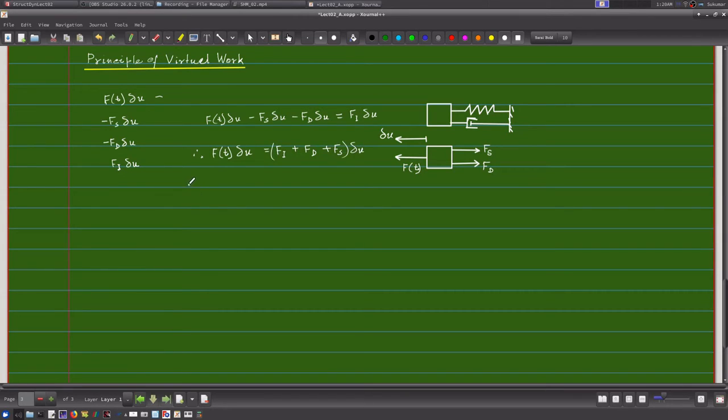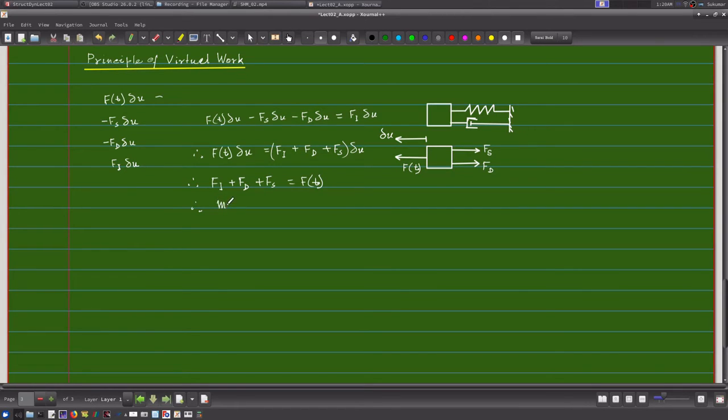And by cancelling my delta u, I again get Fi plus Fd plus Fs, the spring force, must be equal to the external dynamic force. And putting the value of inertia, damper and spring force, I will again get back the same equation.